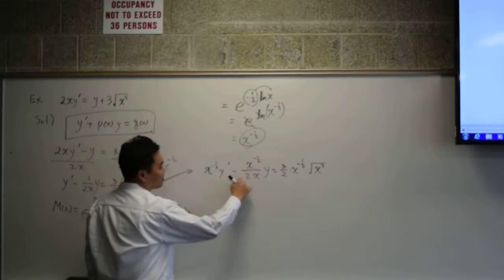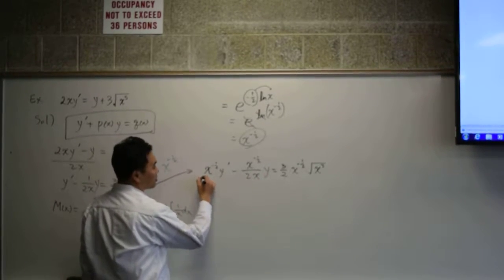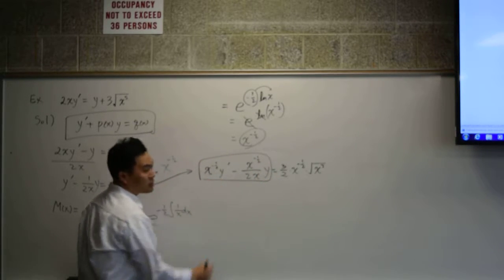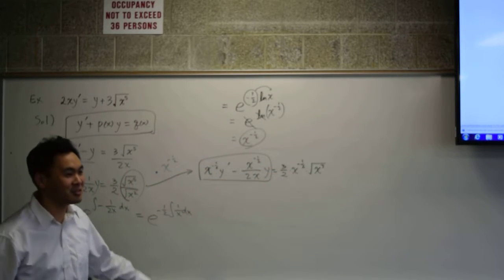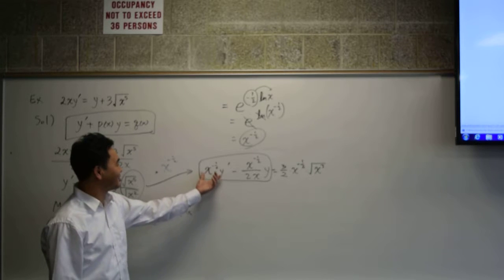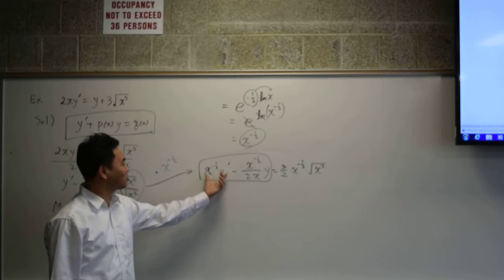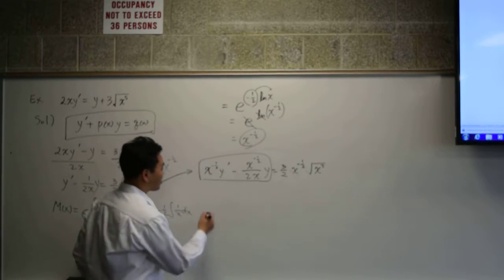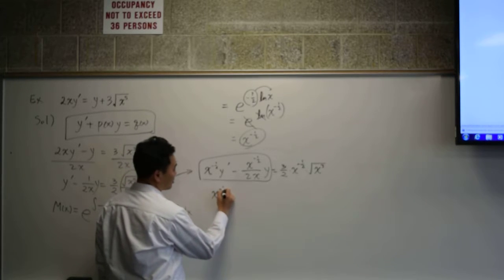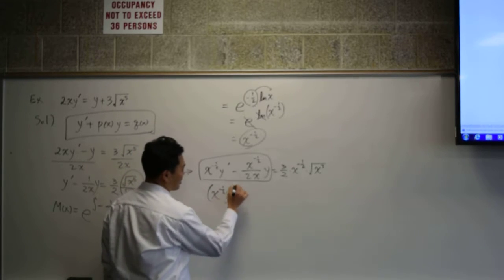Although this is very horrible, we don't care. At some point you just have faith. It'll always be this one with parentheses around it, so it'll be x to the negative 1/2 y prime.